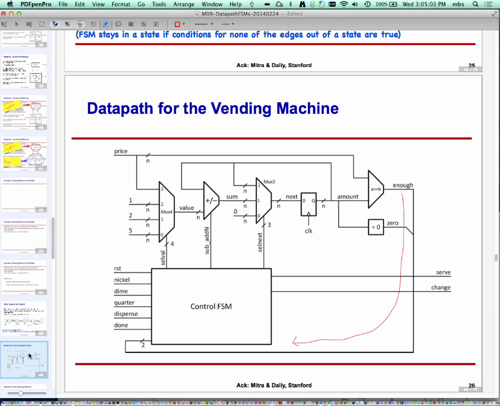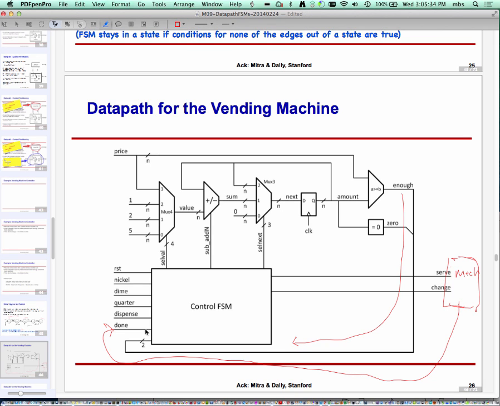So think of it like this: something mechanical, and this done is coming from it. I give the mechanical part a pulse saying release a can. When it's done, it returns. And I tell it release a nickel. When it's done, it comes back. And it's the same done signal.